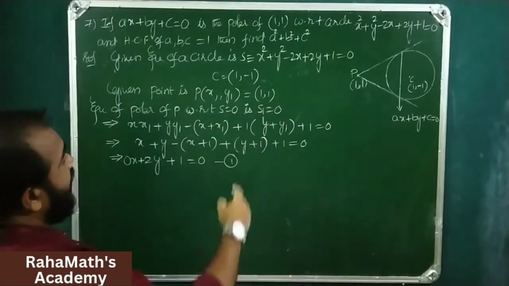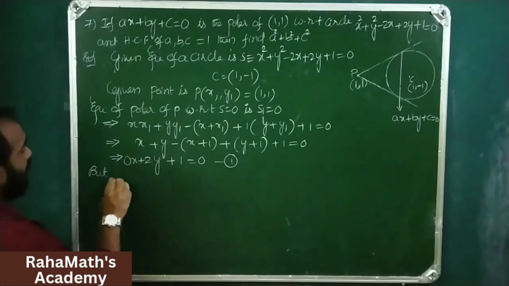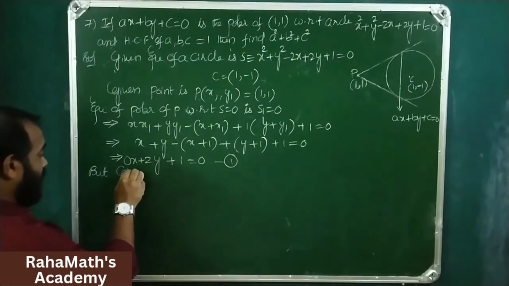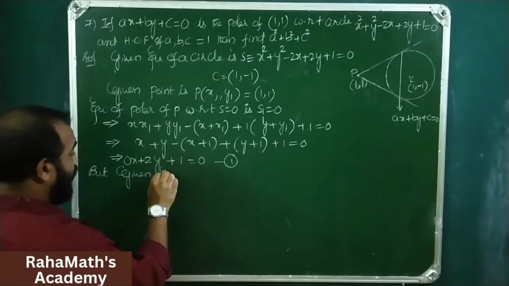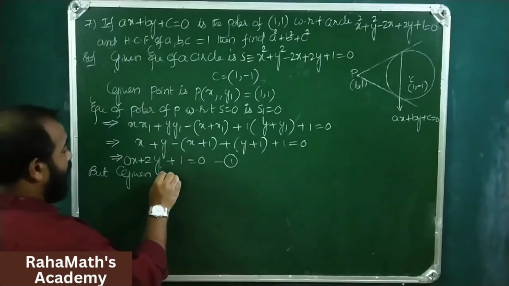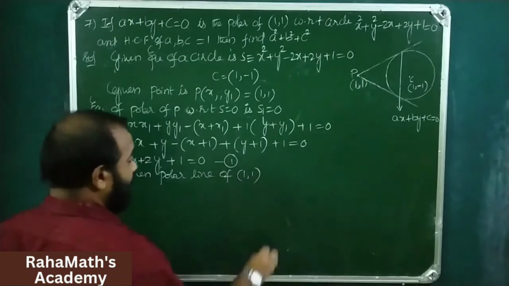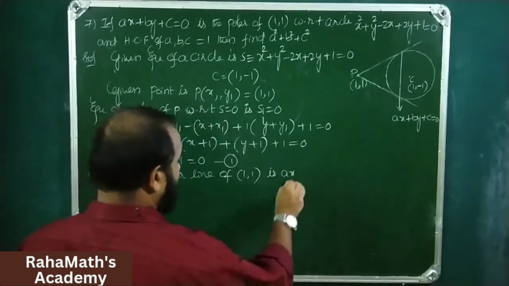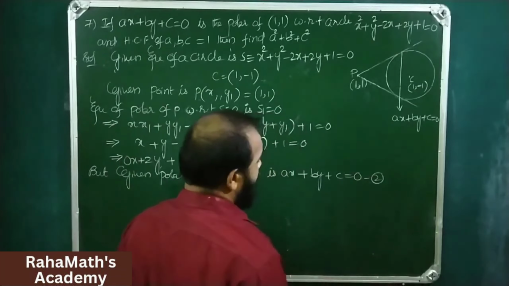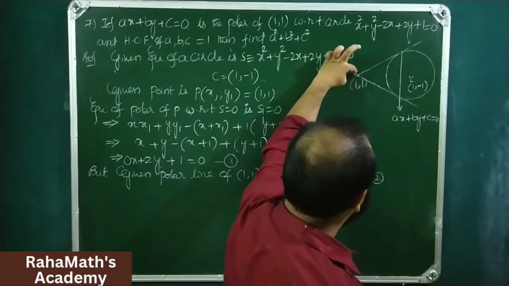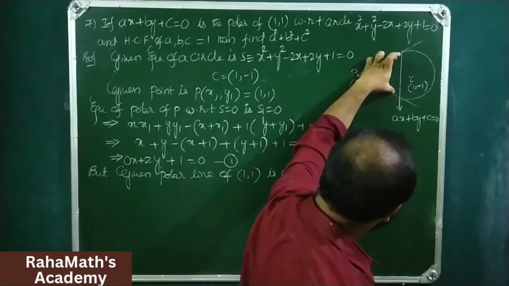The given polar line of (1, 1) is ax + by + c = 0. So 1 and 2 represent the same straight line, because the polar of P(1, 1) with respect to the circle is this line, and according to the question the same line is the polar of this.